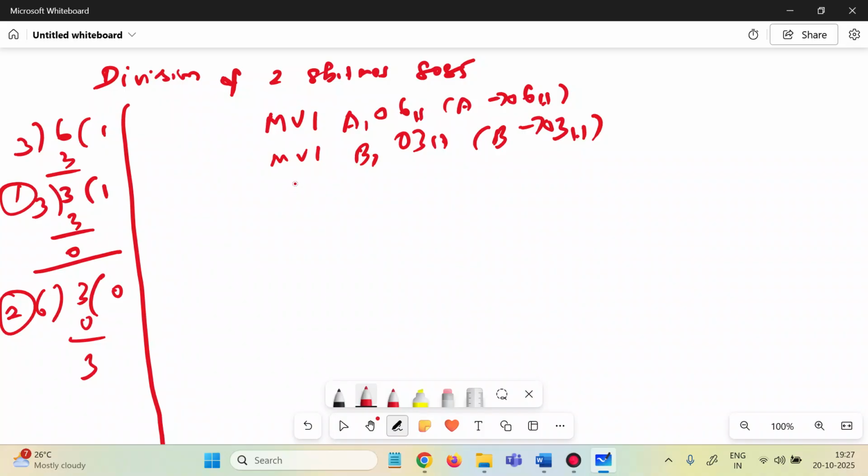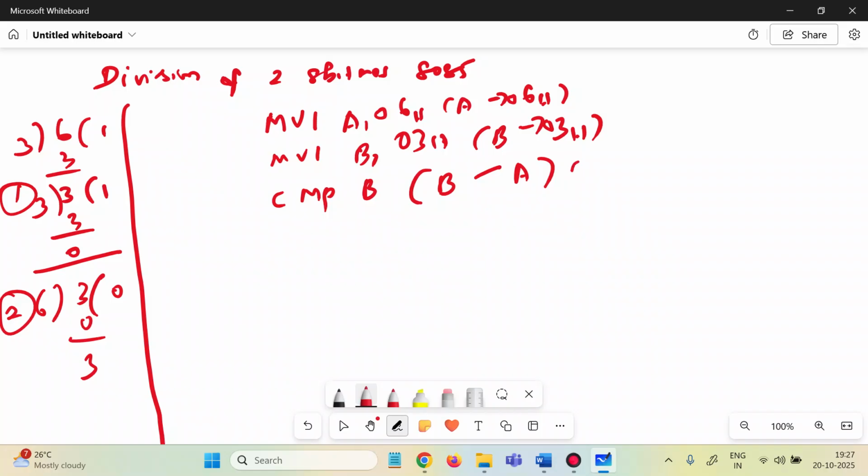When you do this, the first step in your division is to compare B. That means B is compared with A, the accumulator. So why are we comparing?